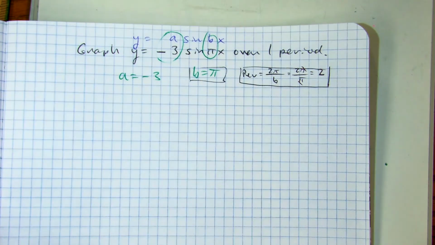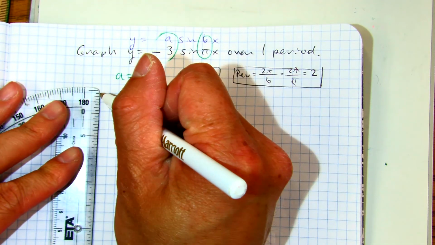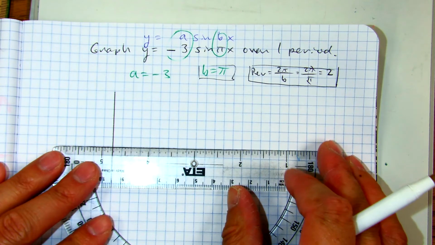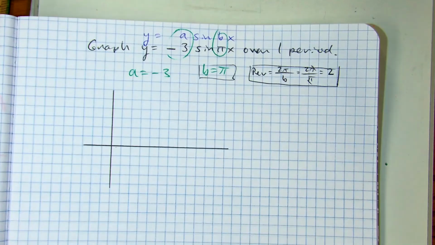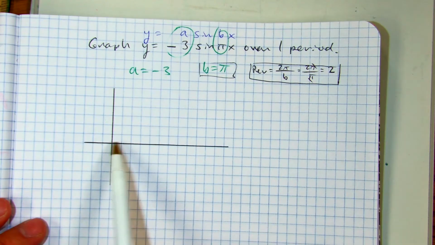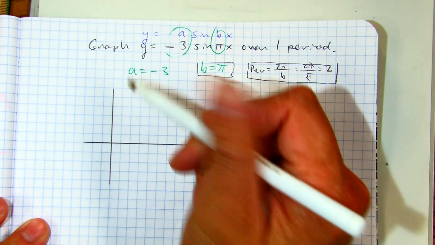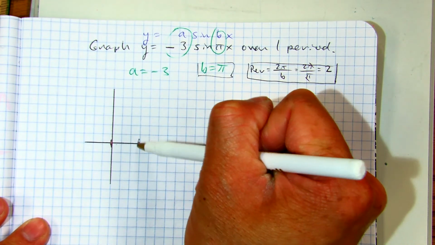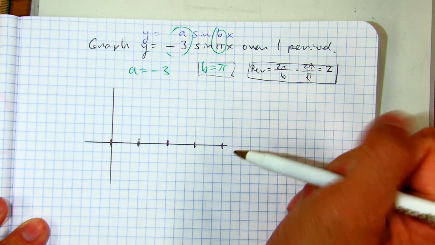Alright, let's draw our graph. Class, how many points do I have to put on the x-axis? 5 x values, right? 1, 2, 3, 4, 5.